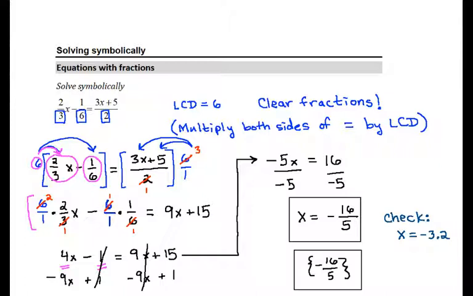We want exact values, and a lot of the time we have to leave them as fractions. But for a check, when all we're doing is trying to convince ourselves that we've done it correctly or catch an error if one might have occurred along the way, a decimal approximation and then plugging into the equation as a decimal approximation is a reasonable way to do that.